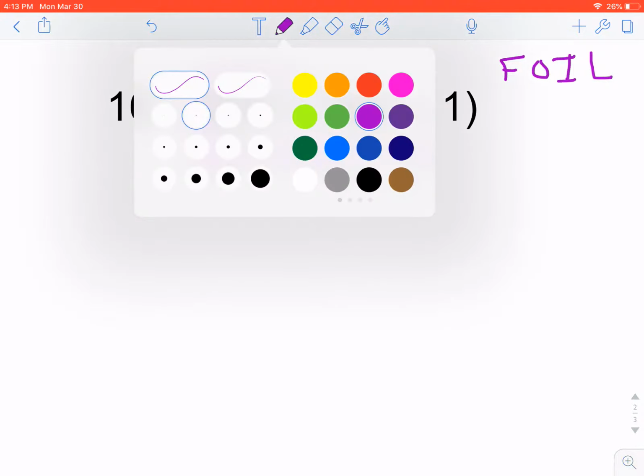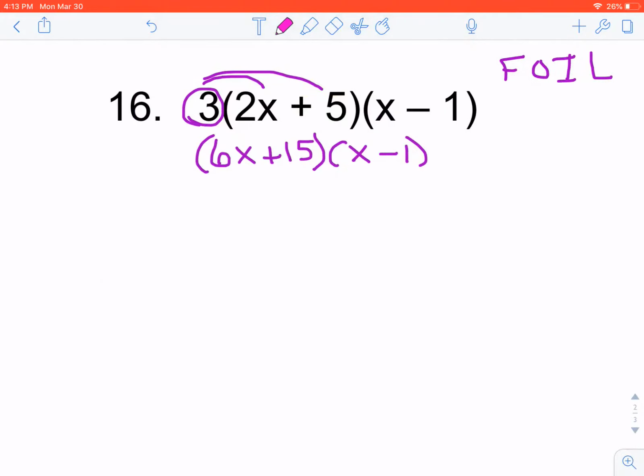So now we're going to use this FOILing process. FOILing means multiply the first terms together. Well, 6x times x is 6x squared. The O is the outer terms, so we're going to multiply those together, 6x and negative 1. I are the inner terms. Well, those inner terms are 15 times x.